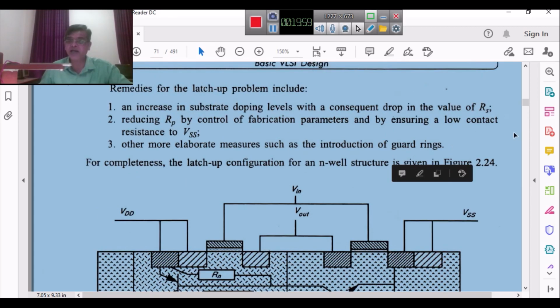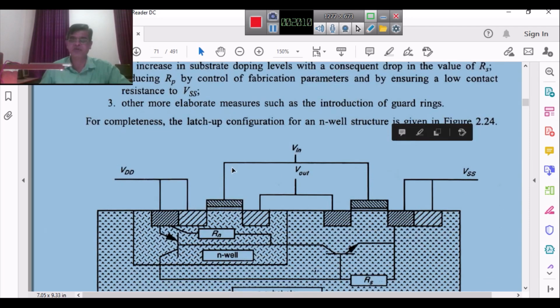When I reduce Rn and Rs, then I can avoid the latchup problem. And sometimes we use guard rings. Using guard rings we can also reduce latchup. That is beyond the scope of the syllabus, so I will not explain much about guard rings, but just remember that by introducing guard rings you can avoid latchup to some extent.